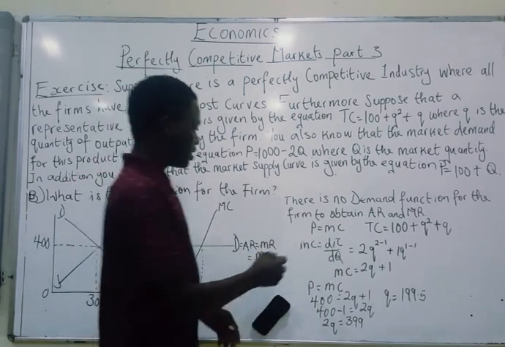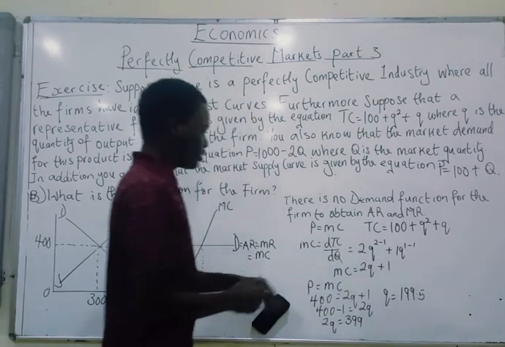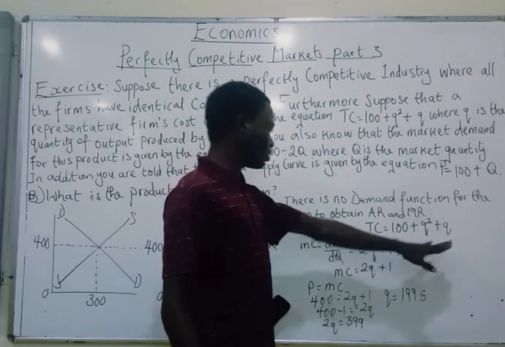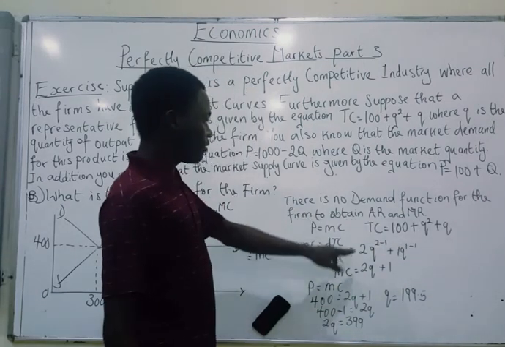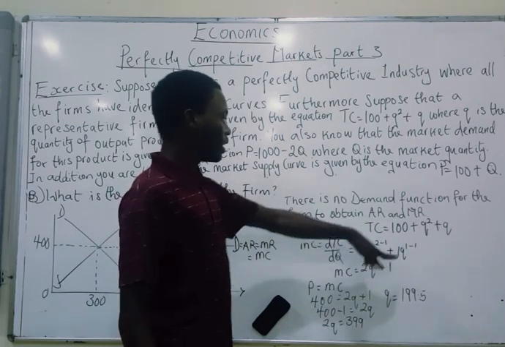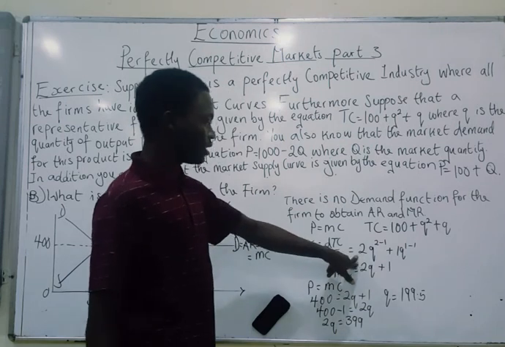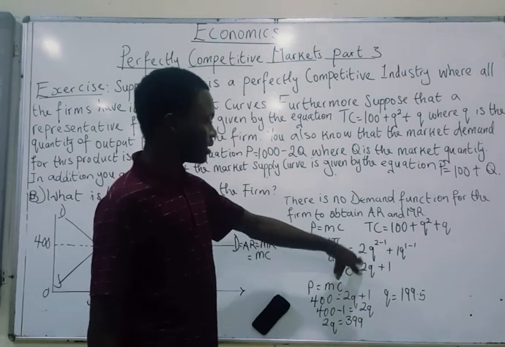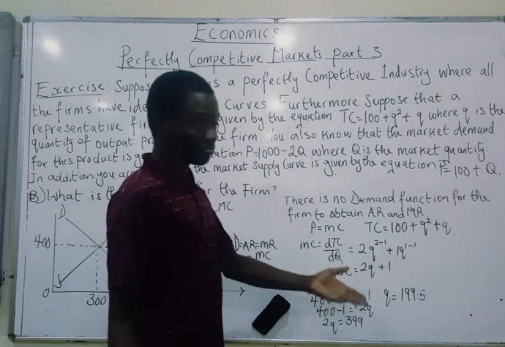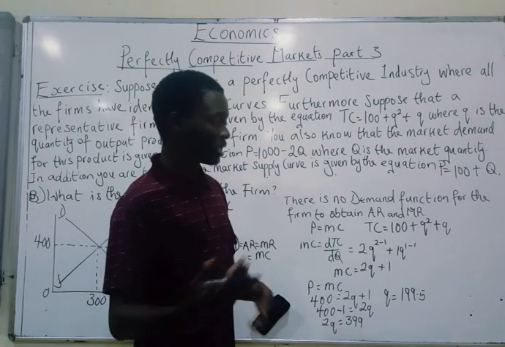Marginal cost is the differentiation of total cost with respect to quantity, that is dTC/dQ. The total cost function is 100 plus Q squared plus Q. When we differentiate this, there is no Q in 100, so it is a constant and becomes 0. Then for Q squared, 2 comes down as the coefficient, then Q raised to 2 minus 1, which is the way differentiation is done.